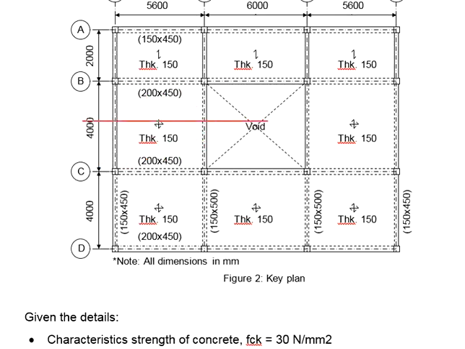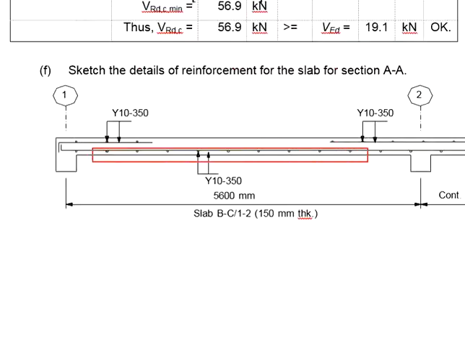Now if you cut the section here, viewed from the side, it should look something like this. The effective depth refers from the top of the slab to the center of the reinforcement.